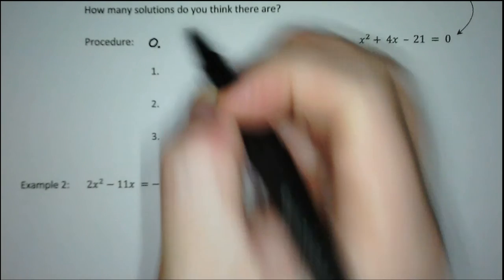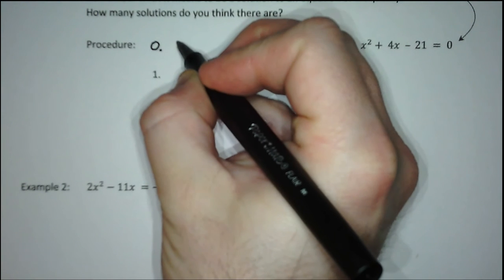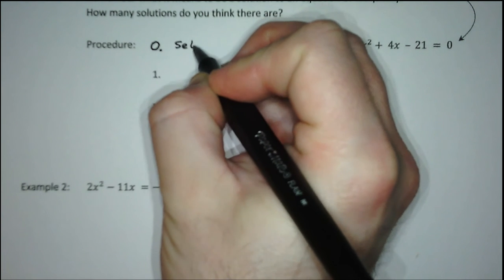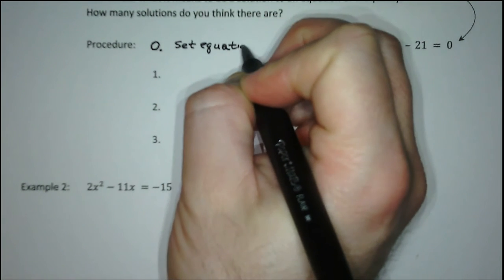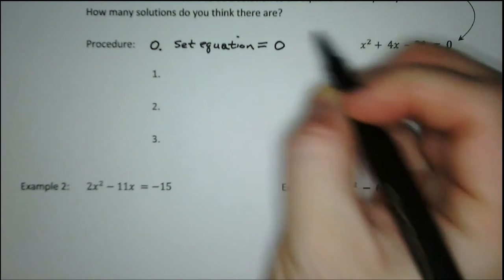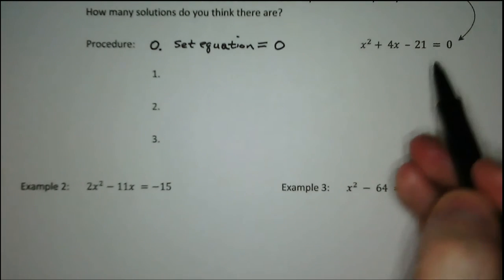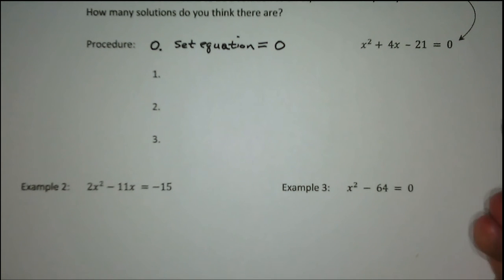First of all, step 0. We're going to make sure that the equation is equal to 0. It's got to be written like this. In other words, it's got to be in standard form.